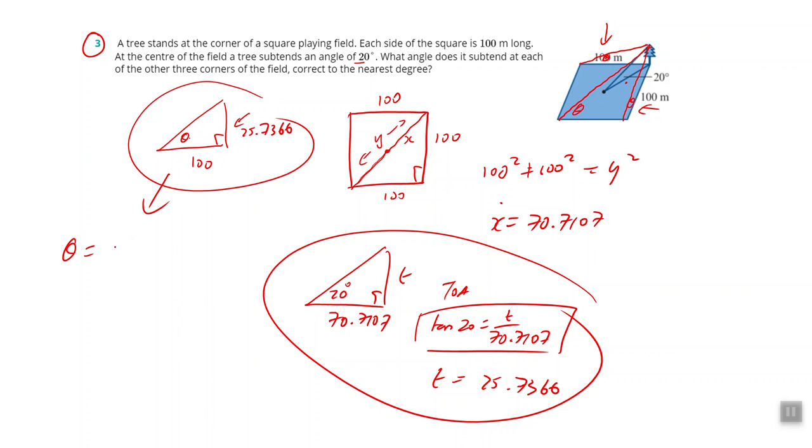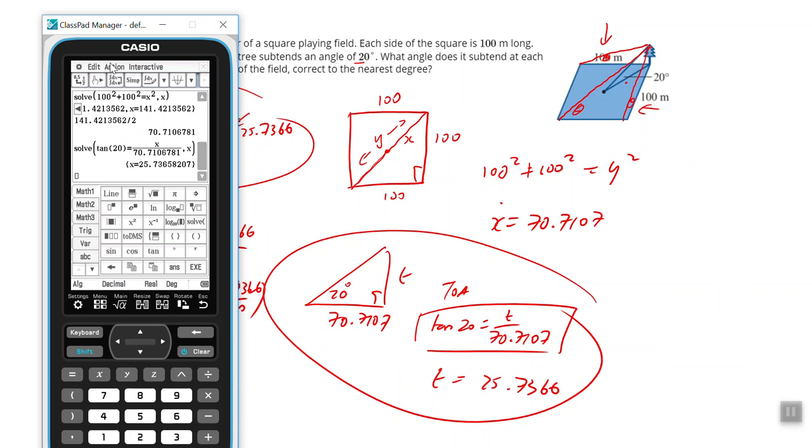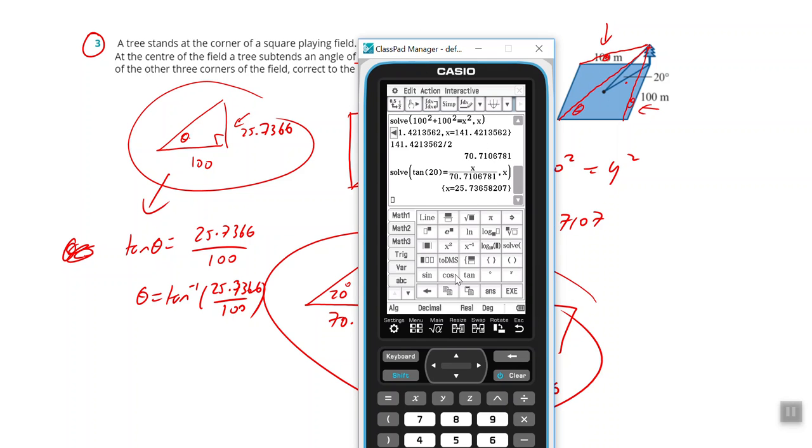Now all I do here is calculate what the angle is. The tan of the angle is given by 25.7366 divided by 100. So theta equals the inverse tan of 25.7366 divided by 100. So we go inverse tan.